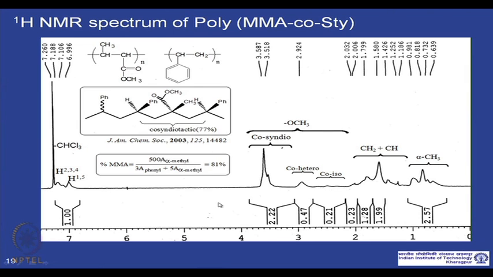And also we need to be very careful that we have to run as many scans in the NMR as possible to make this spectra more quantitative. The lesser the number of scans, the more will be the error in the composition. So, from this example we can find out the composition of the copolymer and what type of copolymer it is. In this case, it can be seen it is more of a co-syndiotactic copolymer.